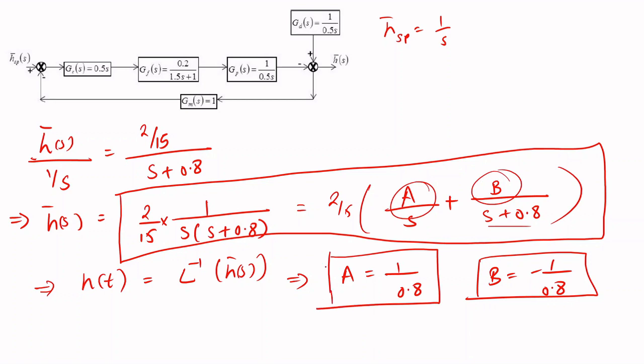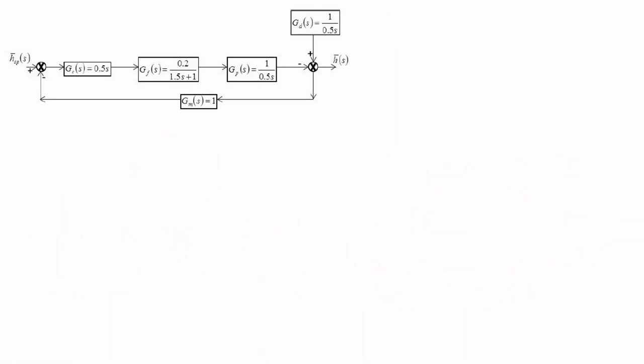So we can put these values of A and B in this equation, and we will have h bar s equal to 2/15, with A as 1/0.8 upon s, and B as minus 1/0.8 upon s plus 0.8.